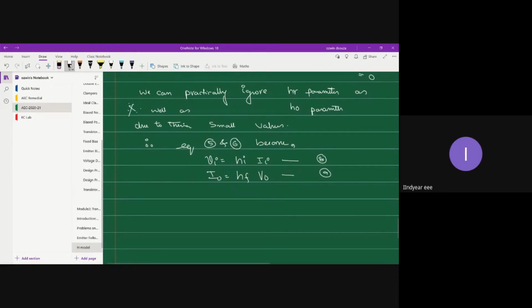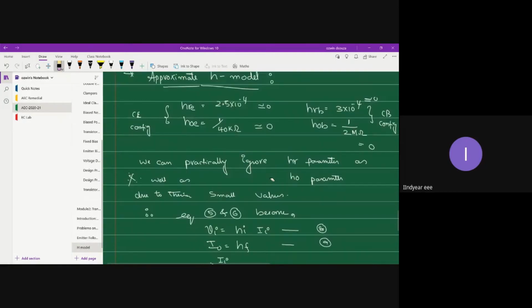So on the input side, we have a simple voltage source, Vi, and a resistance Hi, through which current Ii flows. On the output side, we have a simple dependent current source, represented by HF into, this is Io, so it's got to be Io. No, this is Ii.